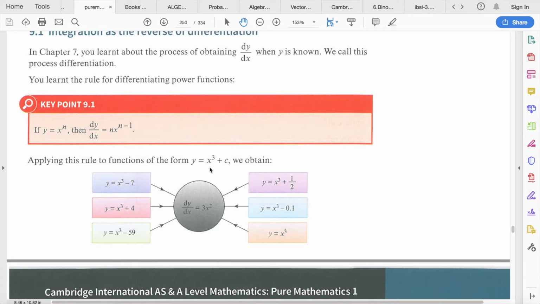For example, if y = x cubed + c, when you differentiate all of them, if c is any constant value, for example, in this case c is -7, in this case positive 4, in this case -59, in this case a half, in this case -0.1, here c is 0, if you differentiate all of these functions, all of them become 3x squared. Why? Because the differentiation of a constant is 0.